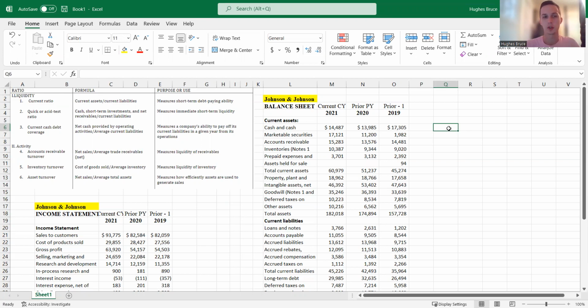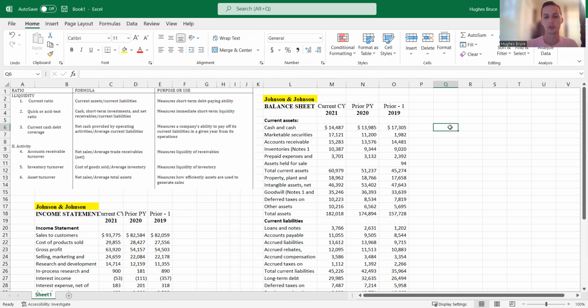So to do the current ratio, here I have Johnson & Johnson as an example for years 2021, 2020, and 2019. For a lot of ratios, you'll just need the balance sheet, but for some, you'll need the income statement as well. And that's why I have Johnson & Johnson's income statement down here, because we'll need that for just a few of the ratios in the activity section.